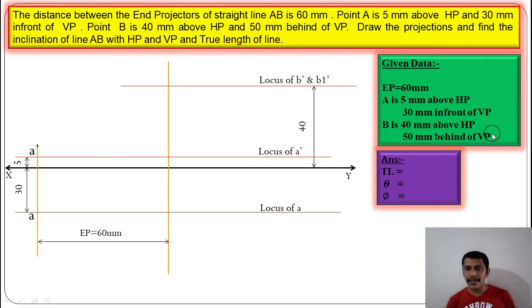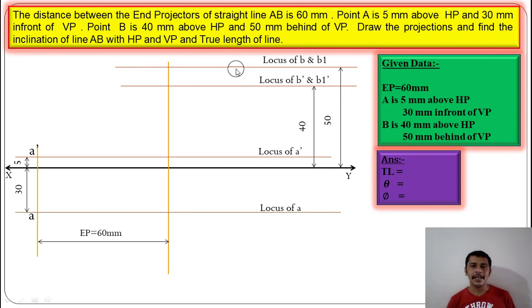And it is 50 mm behind VP. Behind VP, that means the plan of point B will be 50 mm above the XY reference line. So measure 50 mm from the XY reference line and draw locus of B. So this will be locus of B and B1, because point B and B1 will be on the same locus.